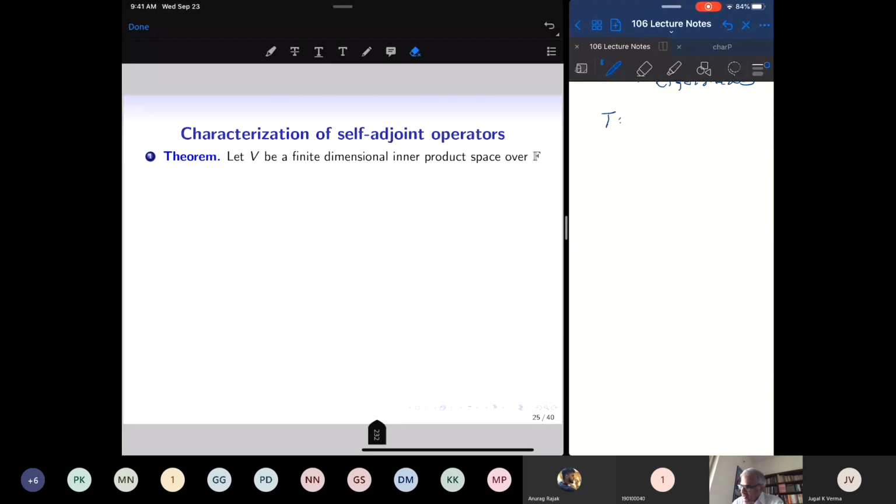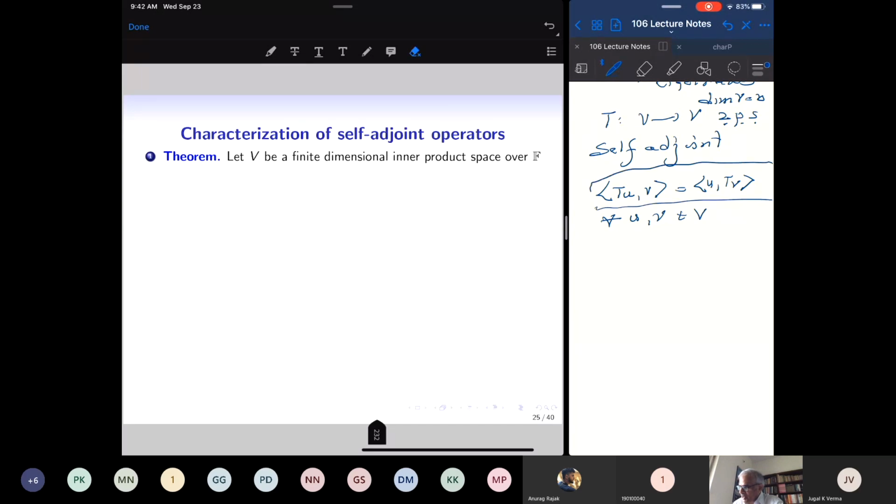If I have T from V to V, a linear operator, and V is a finite dimensional inner product space, suppose the dimension of V equals n, then we say T is self-adjoint if the inner product of Tu with v is equal to the inner product of u with Tv for all pairs of vectors in the vector space. This is my definition of the self-adjoint property.